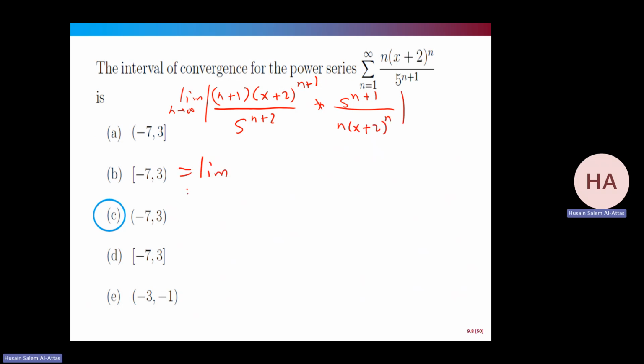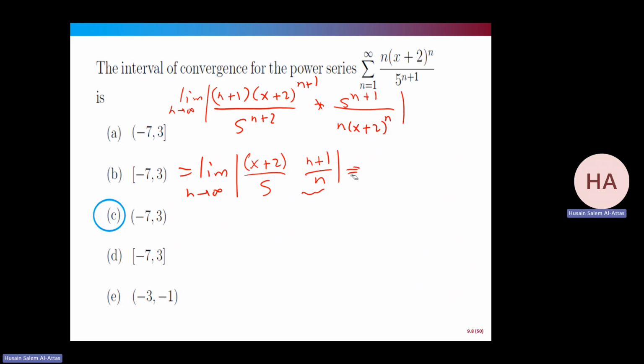So I have the limit as n goes to infinity of (x plus 2) over 5, times (n plus 1) over n. This limit is 1.